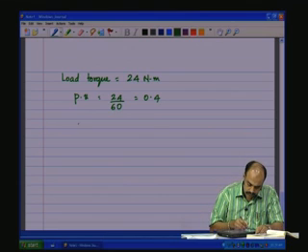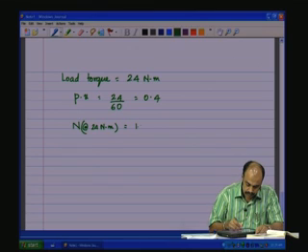So, the speed at 24 Newton meter torque is equal to 1.4 into 1780.